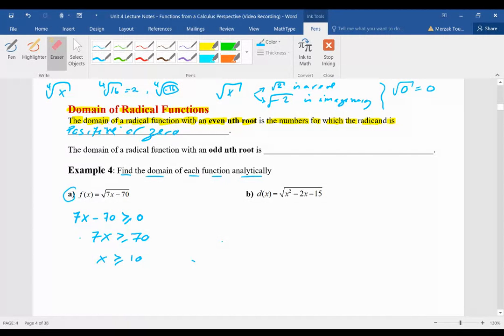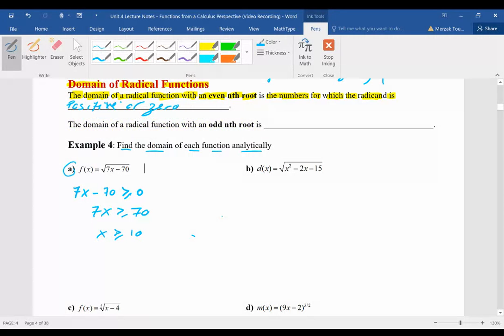So using interval notation to write the domain of the function f in example A, we can use a number line. It's optional, of course, but we can use it. Put the 10 somewhere on the number line. Since this is greater than or equal, we include the 10. And the greater than means everything to the right of 10.